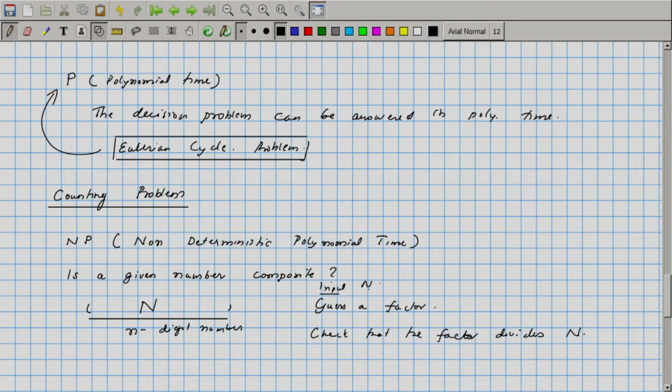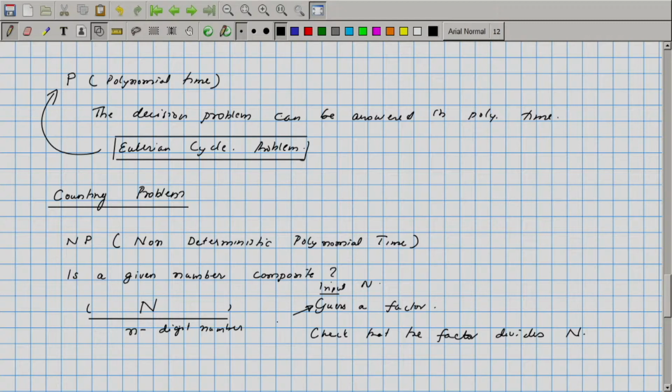Now, this algorithm has the feature that for any composite number, there is a correct guess that will cause the algorithm to say yes, the number is composite, and for every prime number, there is no guess which would force the algorithm to say that the number is composite.